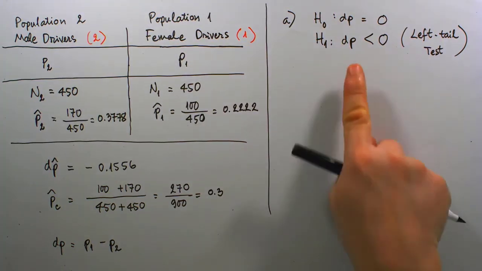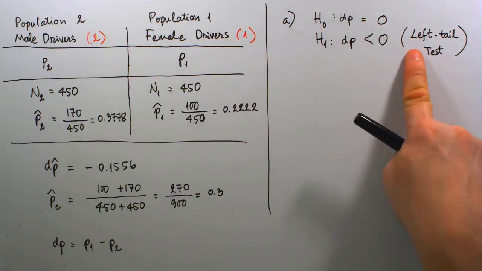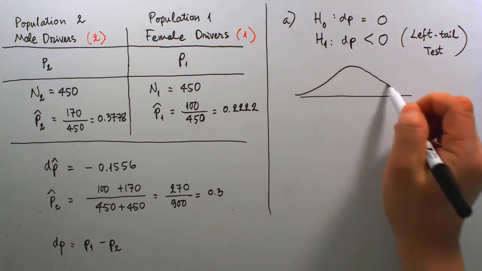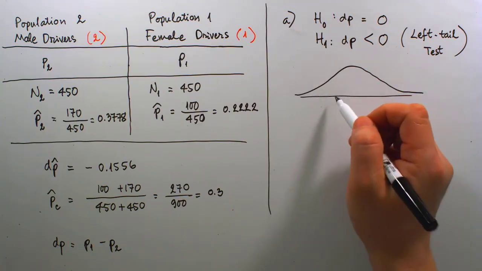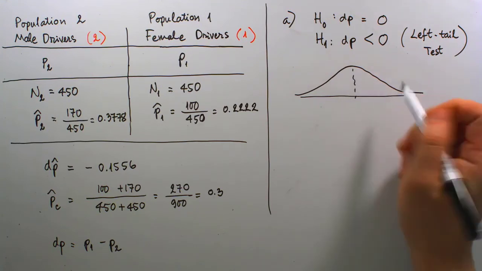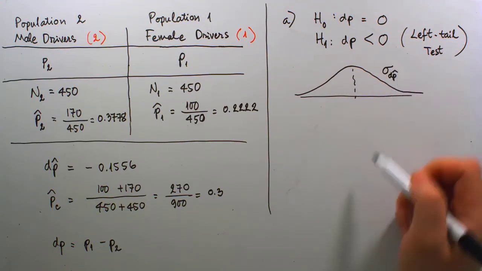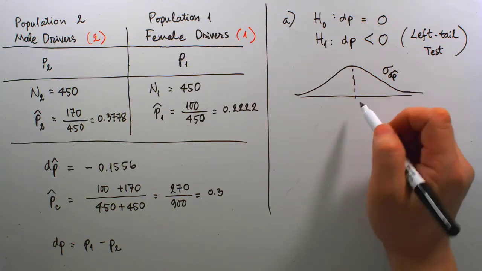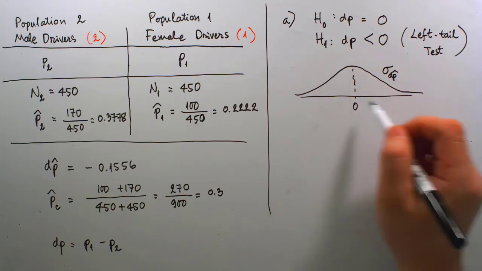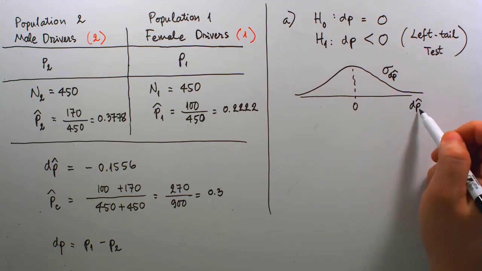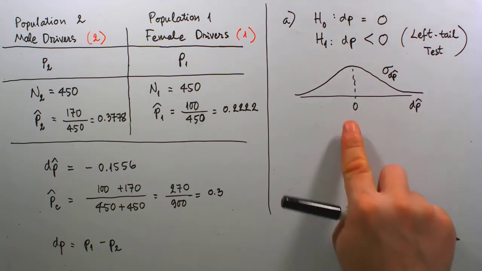And so in that case, the problem would be proceeded as a left tail test, where at some point when we need to bring all of our sampling dP hat values on the bell curve, the approximate for sigma dP hat remains the same, and the center of this bell curve, representing the entire sampling distribution of all dP hat values, would remain the same, with center at 0.